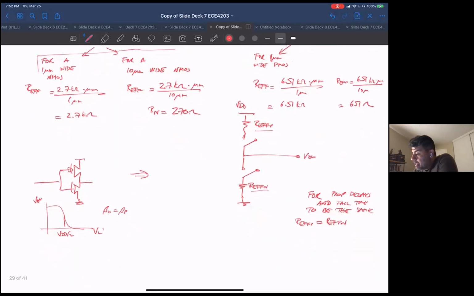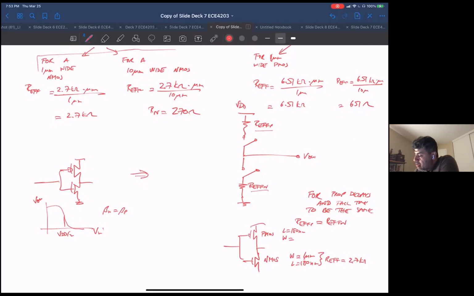Okay, so what that means is if I have my NMOS, L is 180 nanometer, my W is 1 micron. This is by first order approximation. I want to make my PMOS, L is again 180 nanometers. I want to make that width be, so this is our effective 2.7 kilo ohms, right?